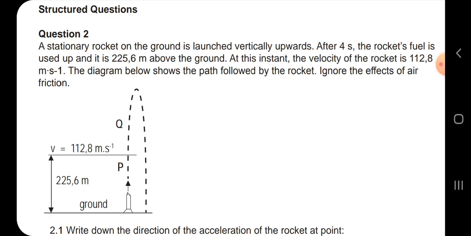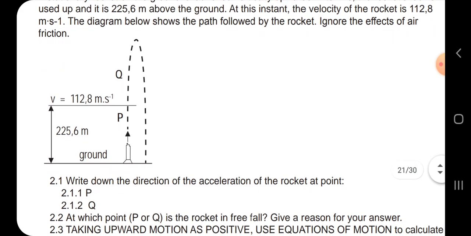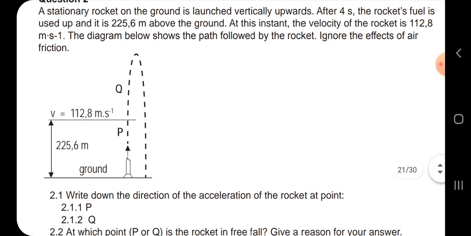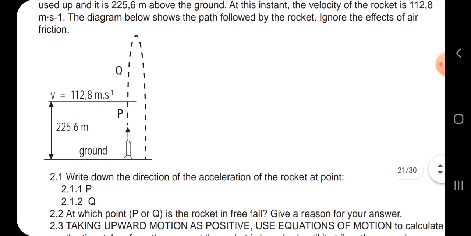Ignore the effects of air friction. So write down the direction of the acceleration of the rocket at points P and Q. The direction of the acceleration of the rocket is upwards. This rocket is going upwards, so that is the direction of the acceleration. 2.1.2: the direction of the acceleration of the rocket is upwards.